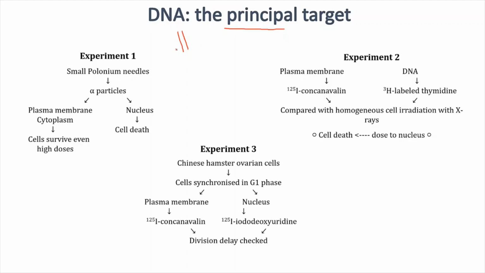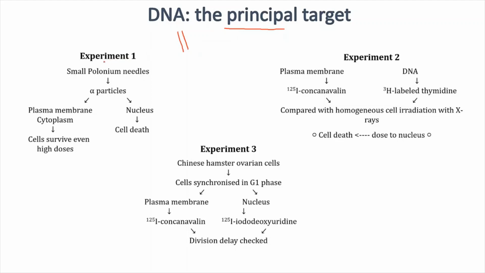And since the DNA is the biggest target in the cell in the form of the nucleus, as well as the central functioning location for the entire cellular survival, any damage to DNA will be lethal for the cell.